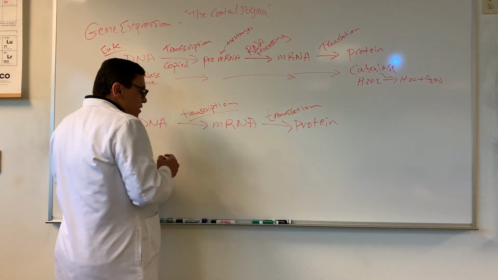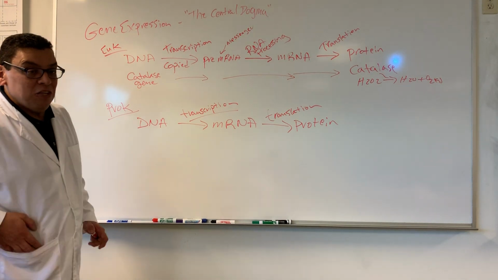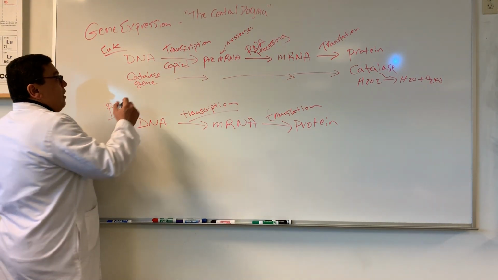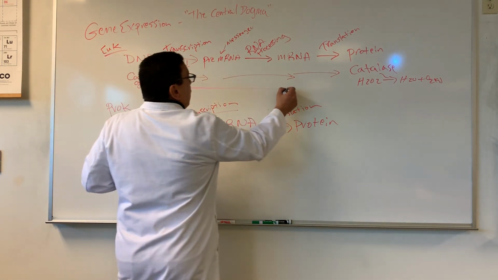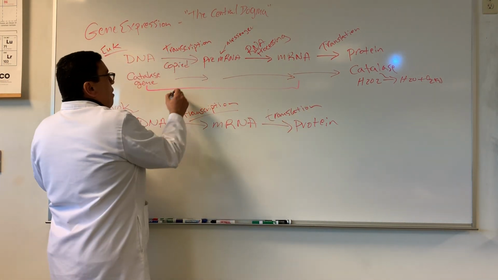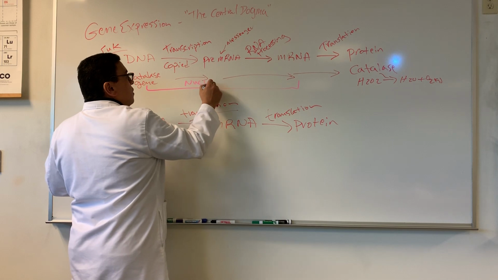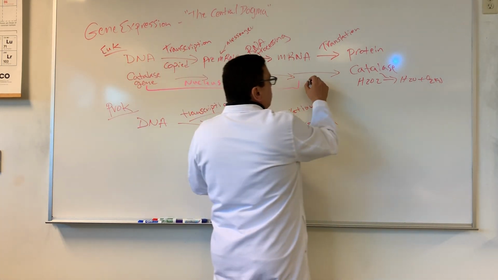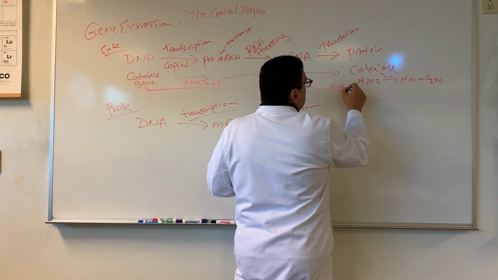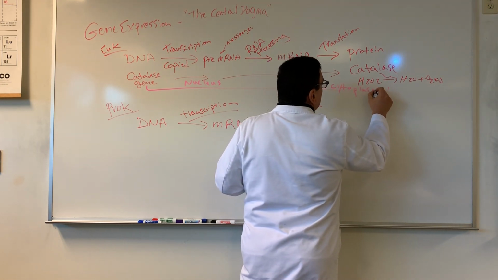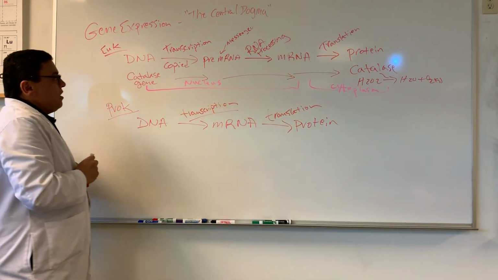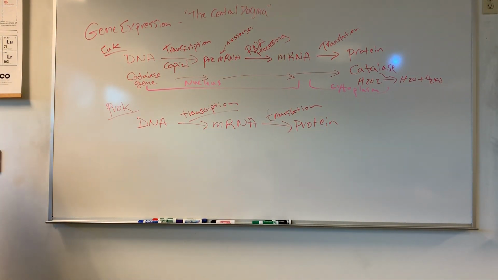Another difference is cellular locations, where these things happen. This one here, all the way to the mRNA here, happens in the nucleus. In eukaryotic cells, translation happens in the cytoplasm. So in eukaryotic cells, transcription and RNA processing happens in the nucleus.